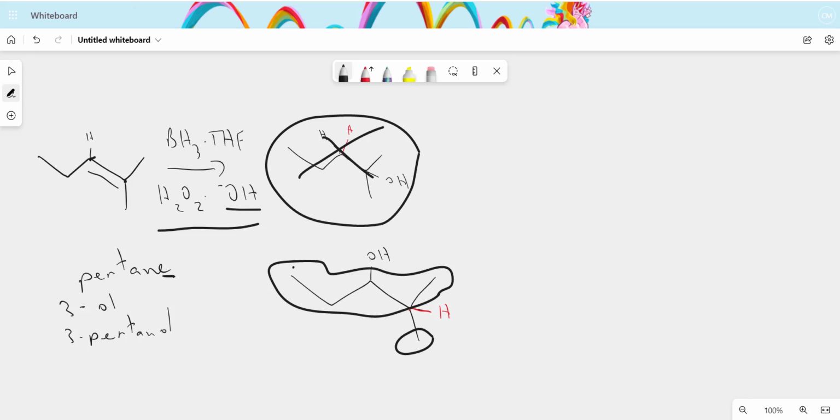In the 2 position is the methyl, so I get 2-methyl-3-pentanol. Or the other one, which is my preference, is 2-methylpentan-3-ol. Just get used to burying that number inside, because for more complicated molecules it helps you out.